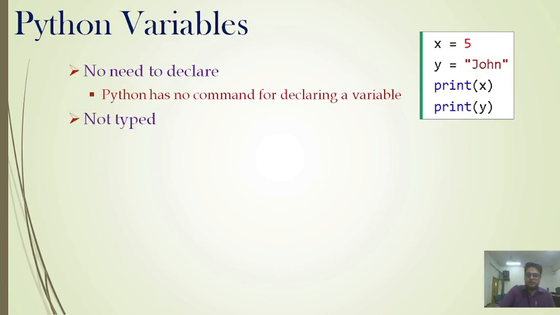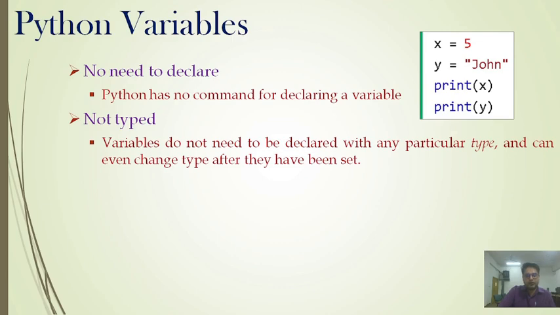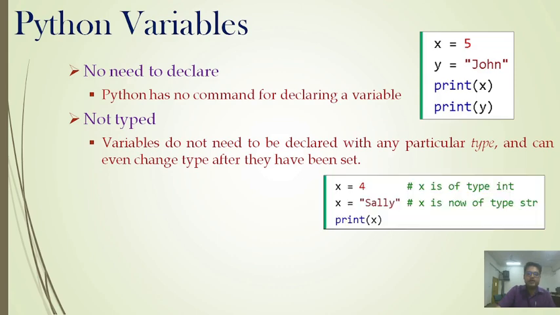Now the second thing is no type. What do we mean by that? A variable does not need to be declared with any particular type, and can even change type after it has been set. Let's suppose I have written x equals 4.